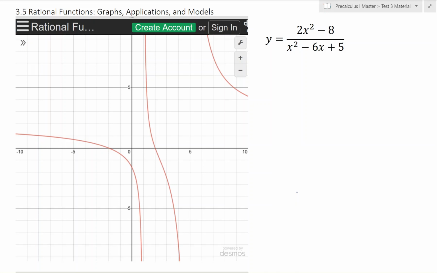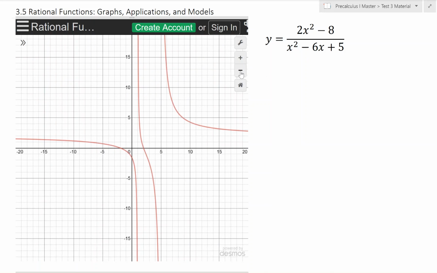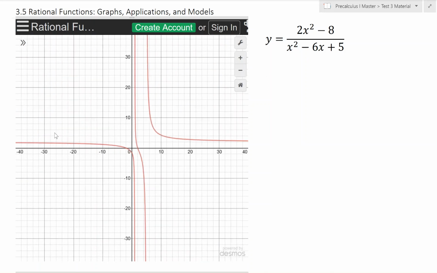So first off, let's take a look at what they look like when they're graphed. Here is a rational function, and I want to look at the graph. If we zoom out, we've got this type of behavior going on.